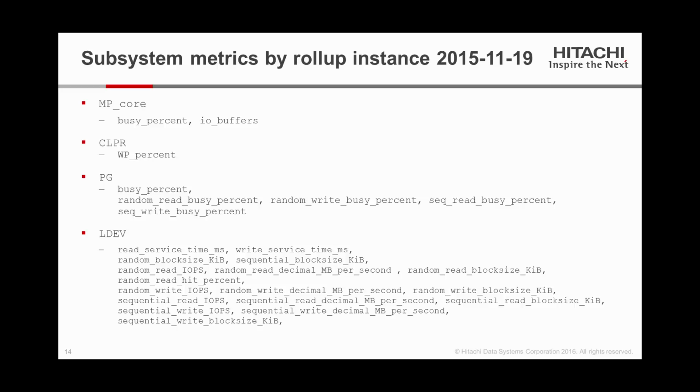Then for LDEVs, you get read service time, write service time, and then there's more breakdowns by random. You can see the block size and the random block size, the sequential block size, etc. All those things. So that's what you can pick from right now. If you want to do dynamic feedback control on something else in the subsystem, it's very straightforward. I can just put the things in the table for you and add more of them.